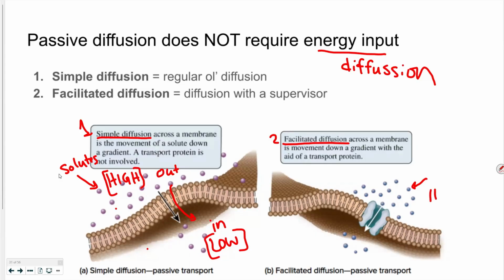So we're going from an area of high concentration on the outside of the cell to low concentration, which happens to be on the inside of the cell in this case. But the difference is that these solutes require a facilitator.